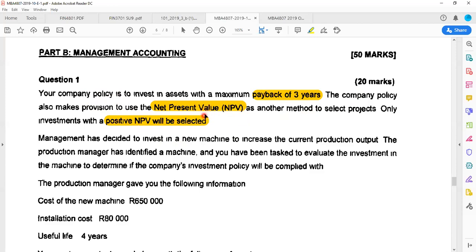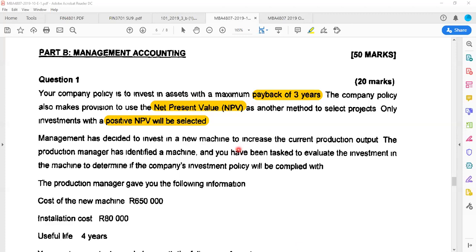So there are some capital budgeting techniques that we can use to decide whether or not to invest in a project. The most common one is the net present value, and this one came up in the assignment. Please make sure you are also comfortable with the payback.